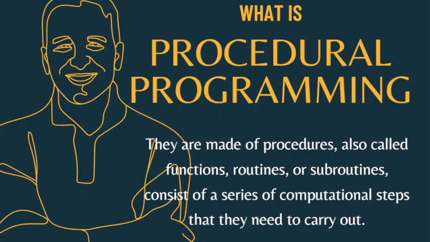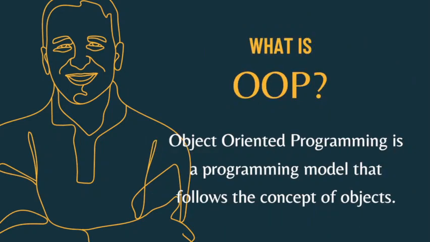These functions consist of a series of computational steps that are carried out by that particular programming language. So if you write it in C programming, you are simply going to be writing a series of functions, a series of steps taken by that function to perform a certain task. So that is procedural programming. Now, what is object oriented programming? Simply, it's a programming model that follows the concept of objects.